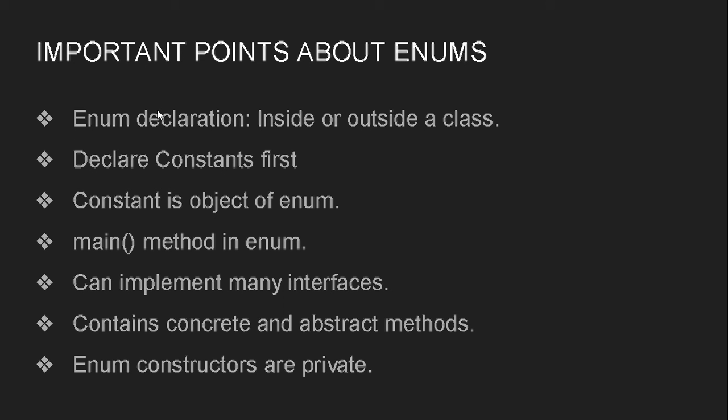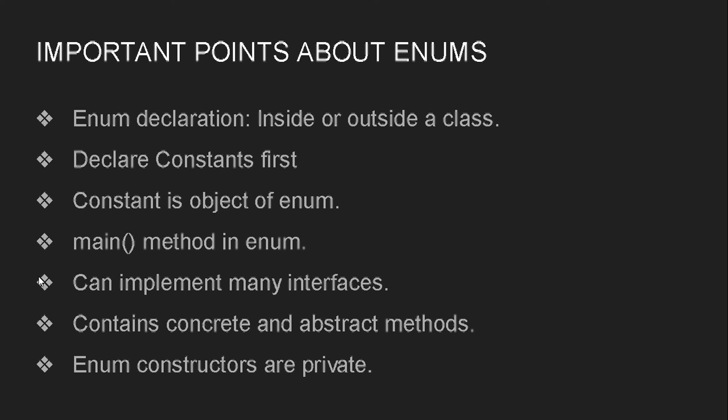However, if you are declaring an enum outside a class, then that enum has to be public always. So if you are declaring it inside a class, it can be private, public, or protected as well. But if you're declaring it outside a class, it has to be public.